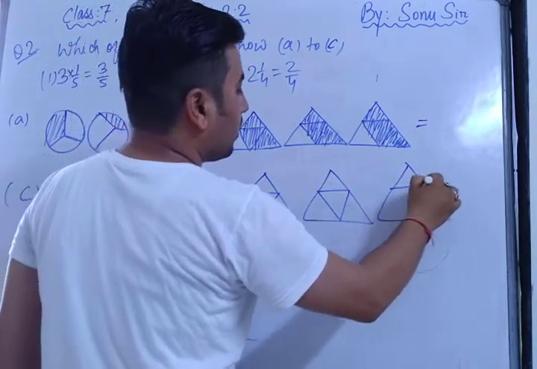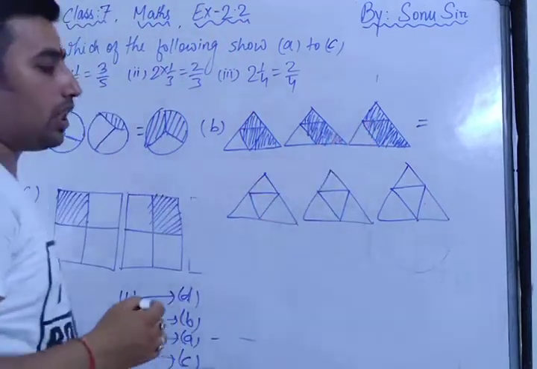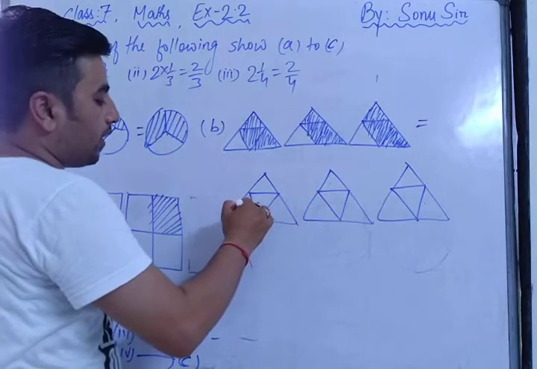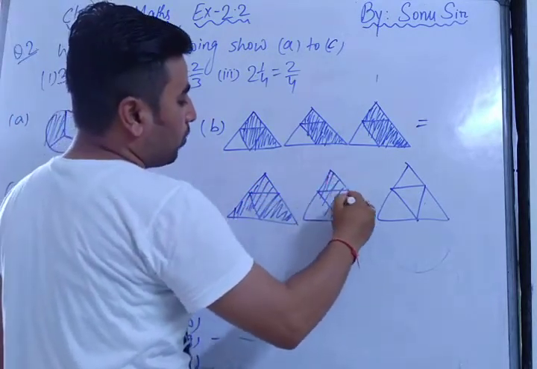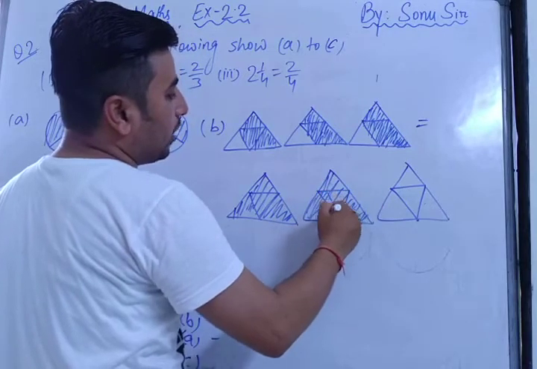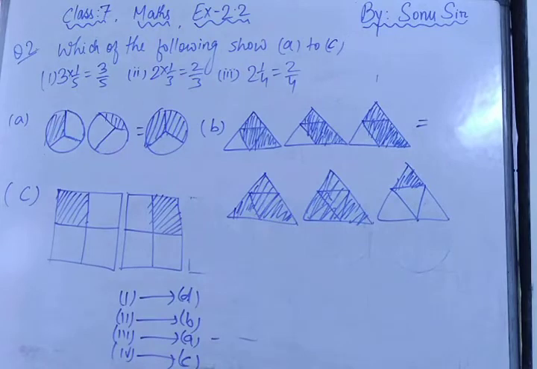So see, 3, 3, 6, 3, 9 parts are covered. 4 parts of one triangle, 1, 2, 3, 4, covered. In the next also 4 parts covered, 4, 4, 8, and 1 part covered in this. So now you can see, this is option B.